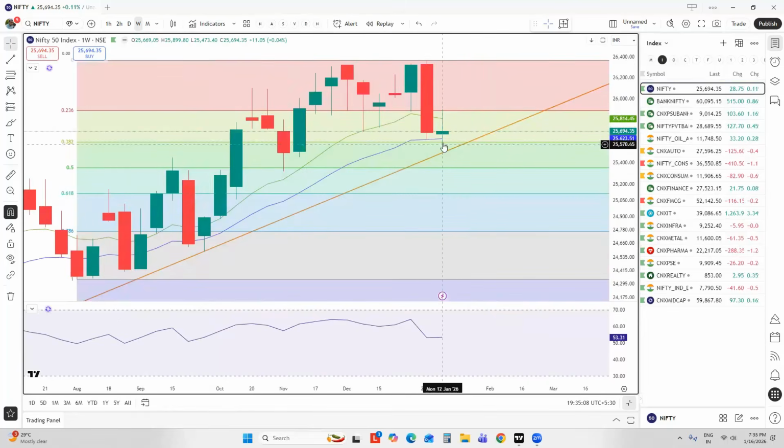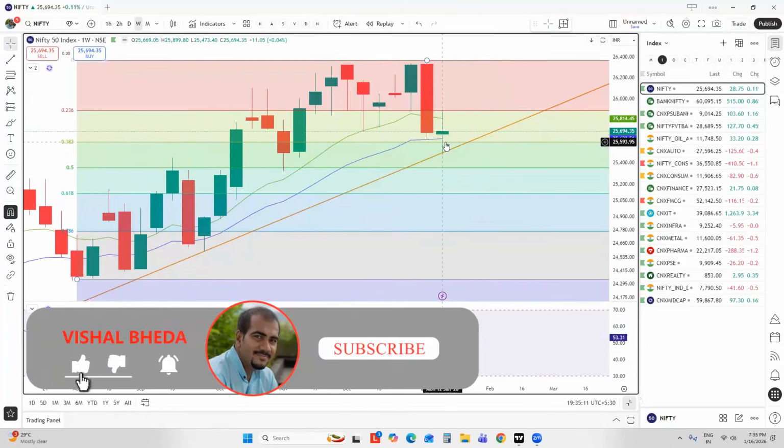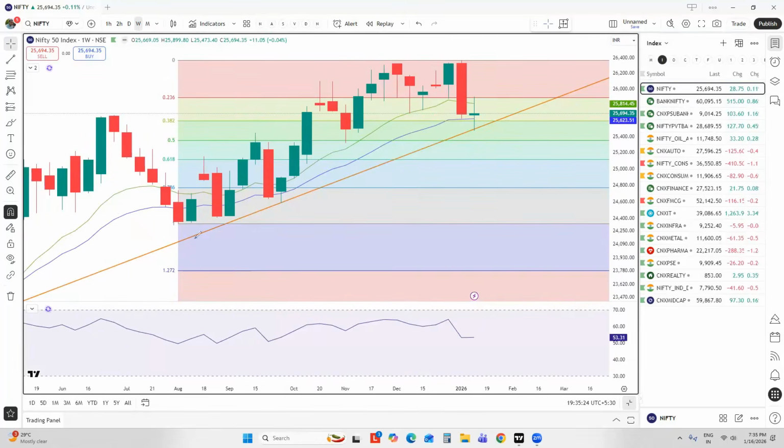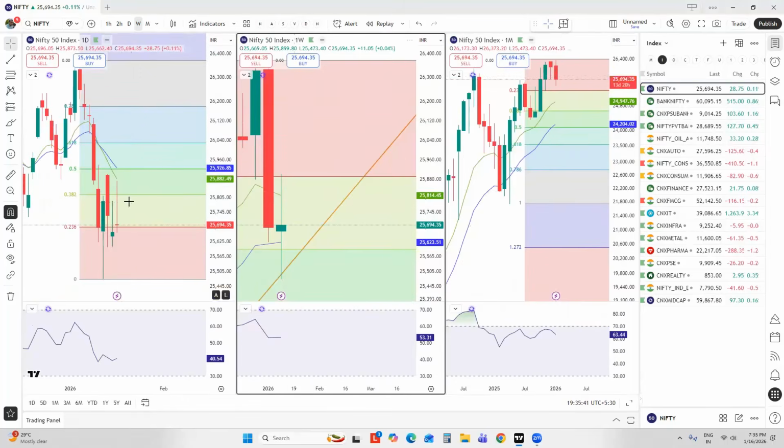Now at this particular juncture, which is 25,593 or 25,600, we do have a 38.20% Fibonacci retracement of the entire swing. Which swing am I talking about? I'm talking from this particular point to this point. If you retrace this, then we'll get this 38.20% retracement. So we have two different supports in almost the same zone. That is the reason we do have a decent support over here.